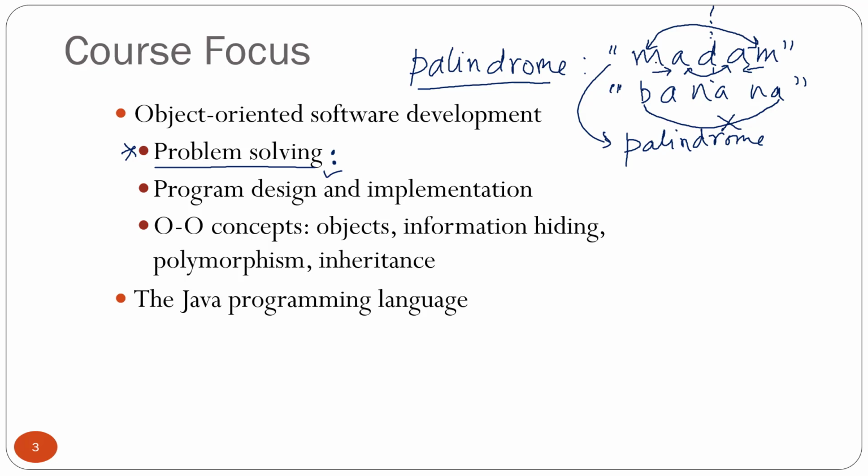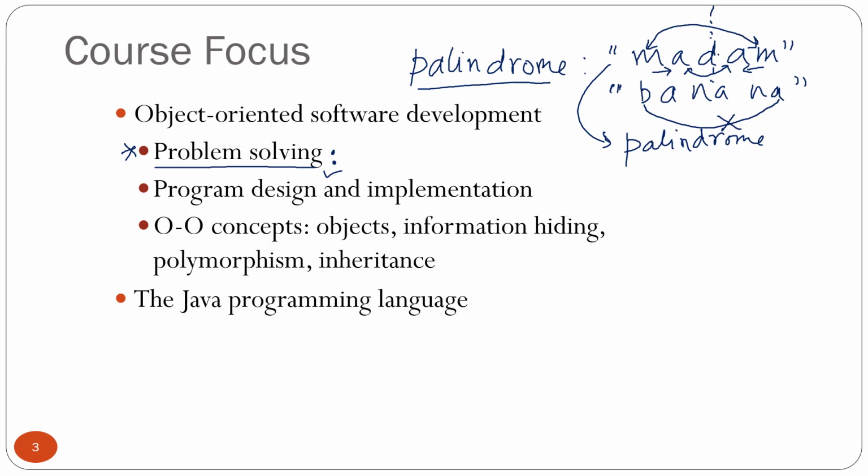Whenever you give us a word, we compare the extreme two characters, the leftmost with the rightmost. Then we go to the next character from the left, and similarly the next from the right, and we keep on comparing each character in the word till we reach the middle.